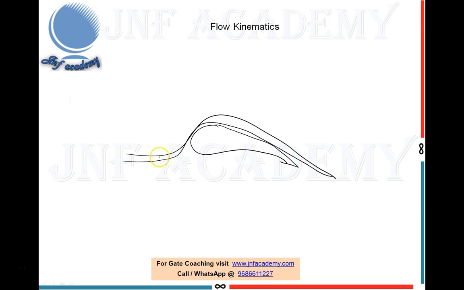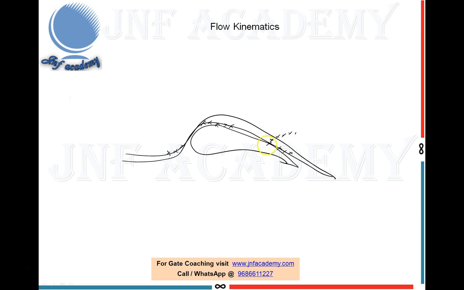If you see the fluid particle, when it goes here, it will get accelerated during this part of the aerofoil, and then after some time it will get decelerated. And if the aerofoil has too much curvature, an unsymmetrical aerofoil, then there might be a chance for the flow to get separated like this.